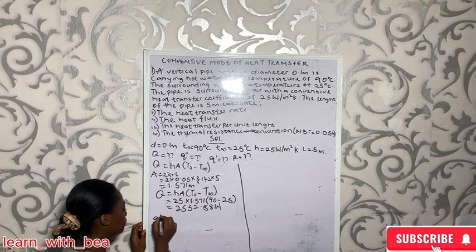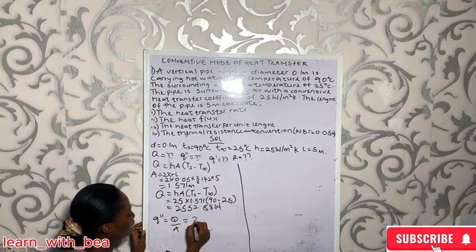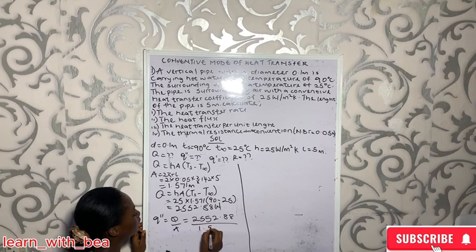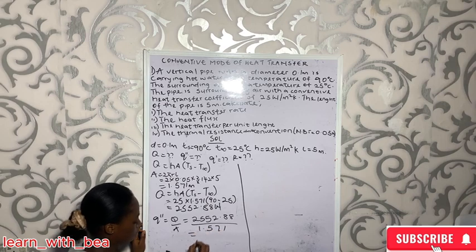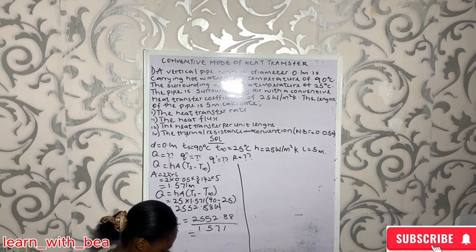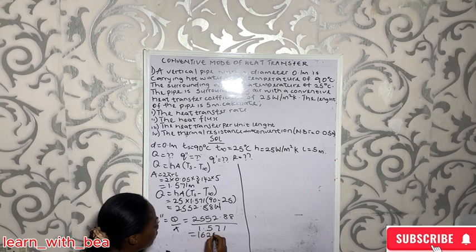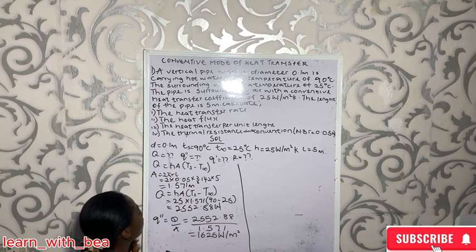I already know that heat flux is Q over A. So what's our Q? 2552.88. And what's our A? 1.57. So we can get this. So we have 1625 watts per meter square.